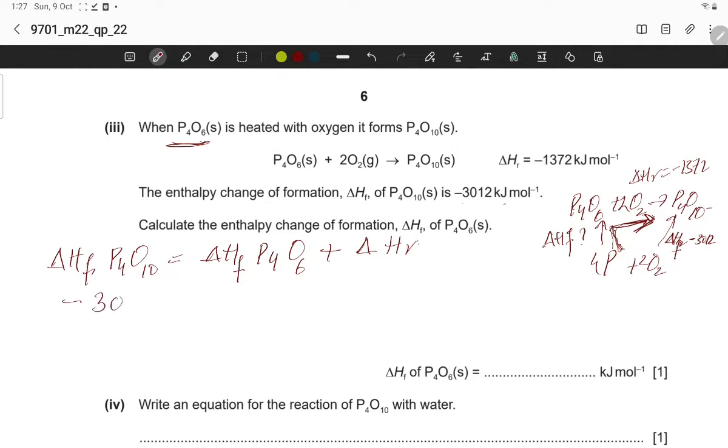Minus 3012 is equal to x plus minus 1372.